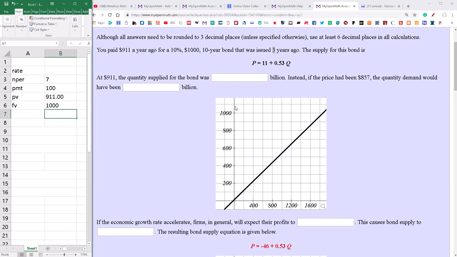Okay. So at $911, the quantity supplied for this bond is what? Well, I'm going to copy this equation like I did with the bond demand. I'm going to paste it here, and then I'm going to copy it down here. I'm going to plug in the price, which is $911.